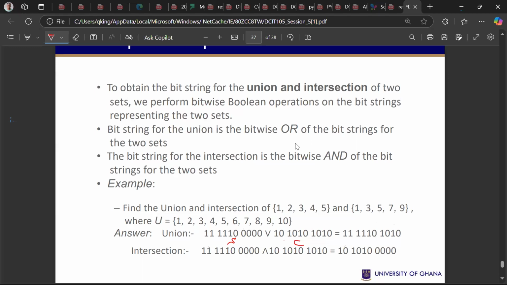We already said that the union is represented as OR and the intersection is represented as AND. The OR operation means that any of these representations should be true, or else when they are both false, the answer should be false.